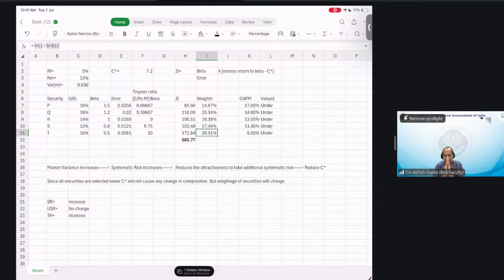Not only that, even two or more concepts have been asked in one question. On that line, Jagbandhu sir has framed the question where value at risk has been covered, so that it is clear how we can solve a question that involves more than one concept.